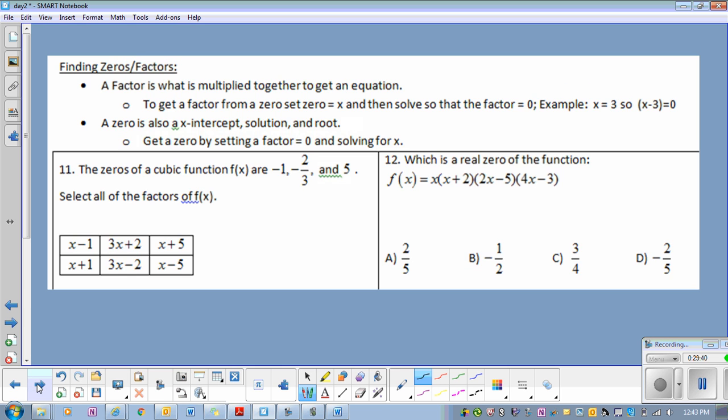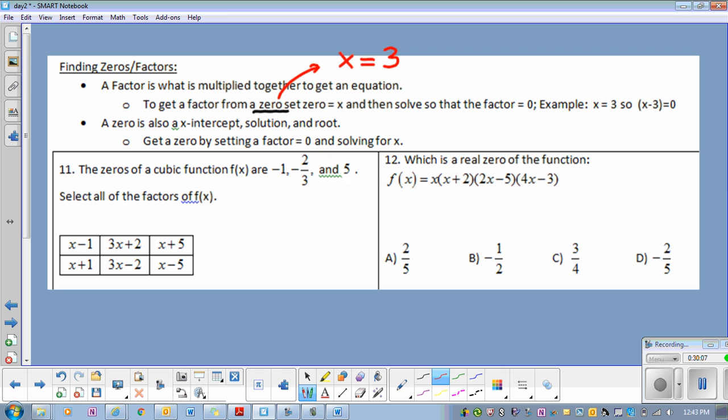All right, so finding the zeros are the factors, right? To get a factor from a 0, let's just review this. A 0 is when they tell you x equals something, right? That's your 0.